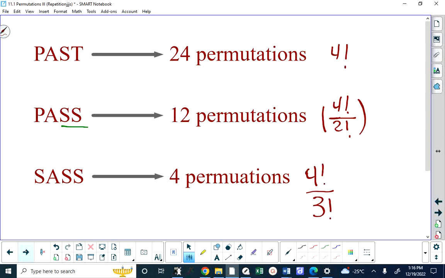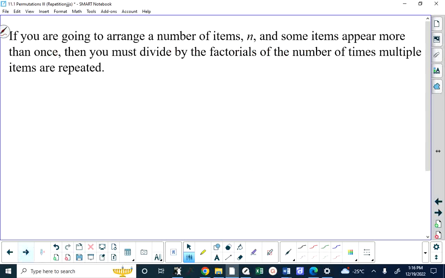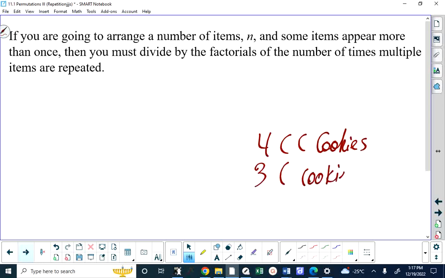And this ultimately brings us to the rule for this lesson, which is that if you have items that are identical, the number of unique arrangements is always found by dividing by the number factorial, where that number is how many identical items you have. So in the case of my 4 chocolate chip cookies and 3 coconut cookies, how many unique ways can I eat them is the same as saying how many ways can I line them up.